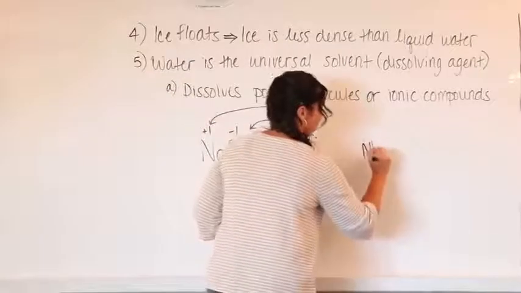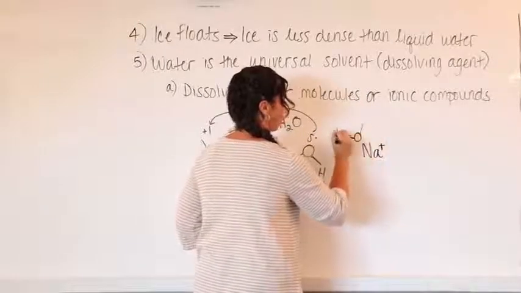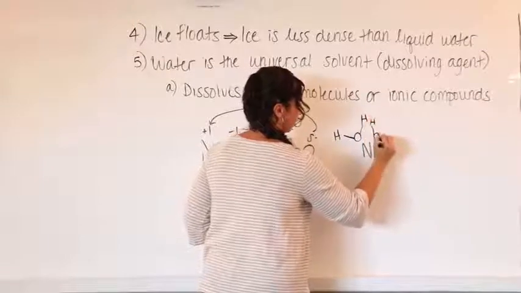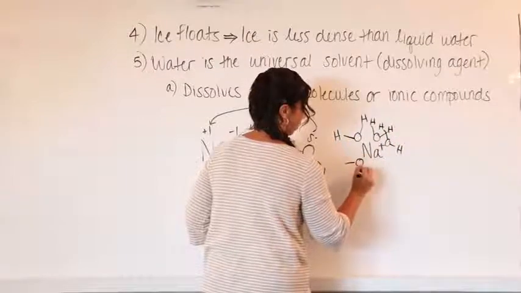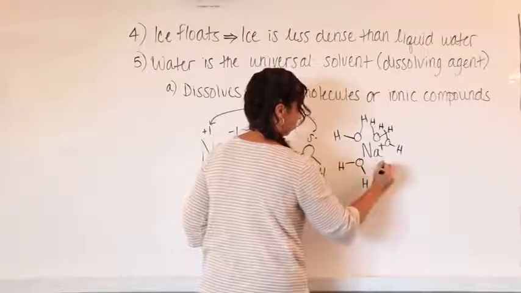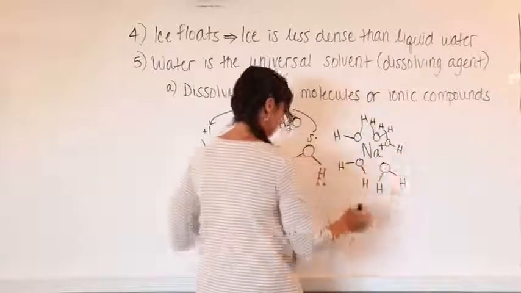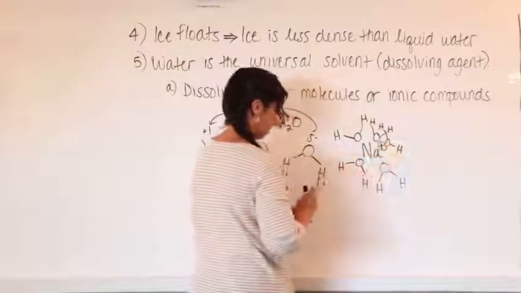I would have free floating sodium ions all surrounded by oxygen, like water would be just all over the place surrounding this, because its partial negative is attracted to this positive charge on the sodium right there.